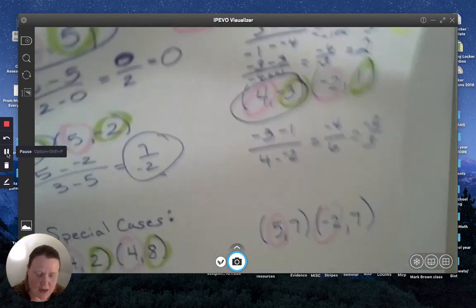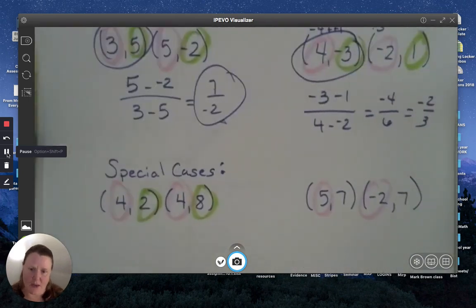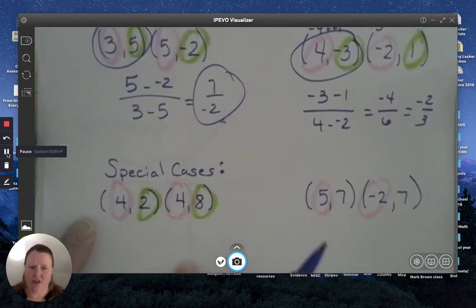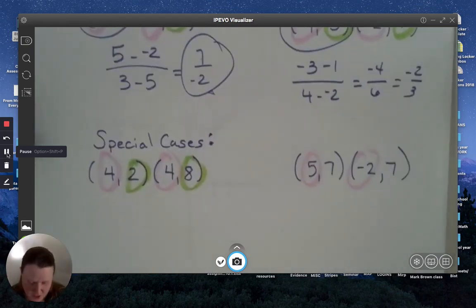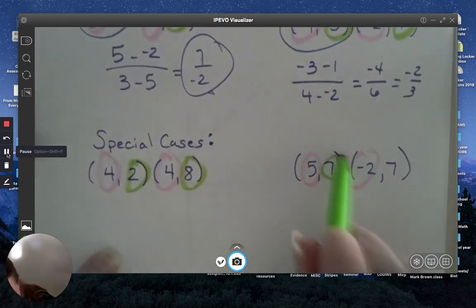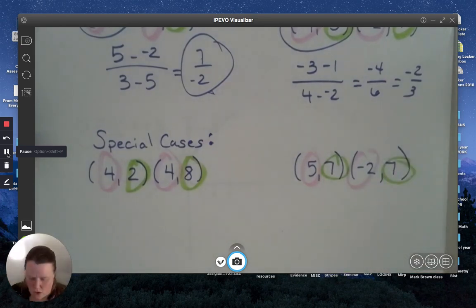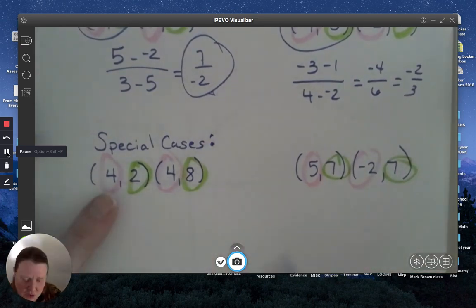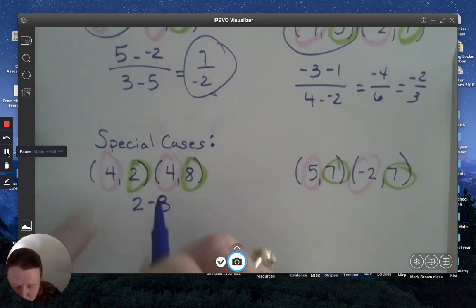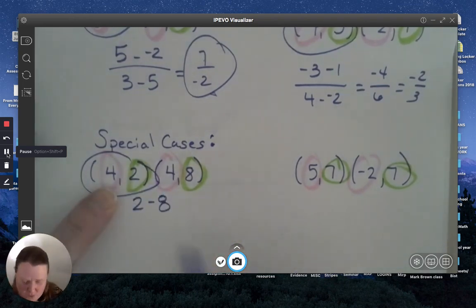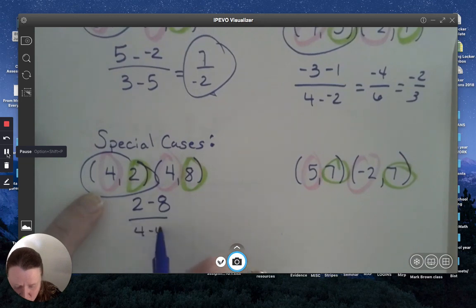Now I want to talk about a special case, and I want to explain why this one is special and this one is not. And so let me explain it. Let me finish highlighting right here. And so if you choose to put the y's on the top, so this is 2 minus 8 because I chose to do the first one first, and 4 minus 4.